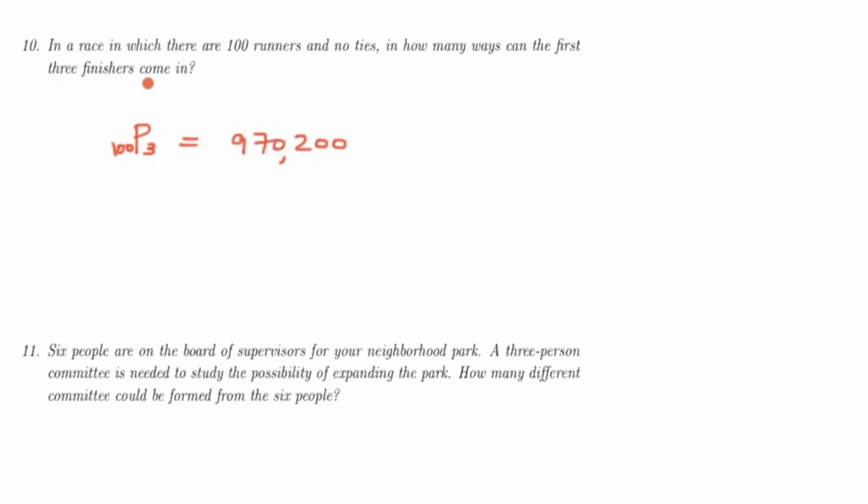Thank you. Let's look at number 11. Okay, Holly, have you tried 11? I'm a little confused. I just left that one blank. I was just going to wait until you went over it. Okay, it's committee members we choose, right? We don't pick the same person twice, so no repetition.